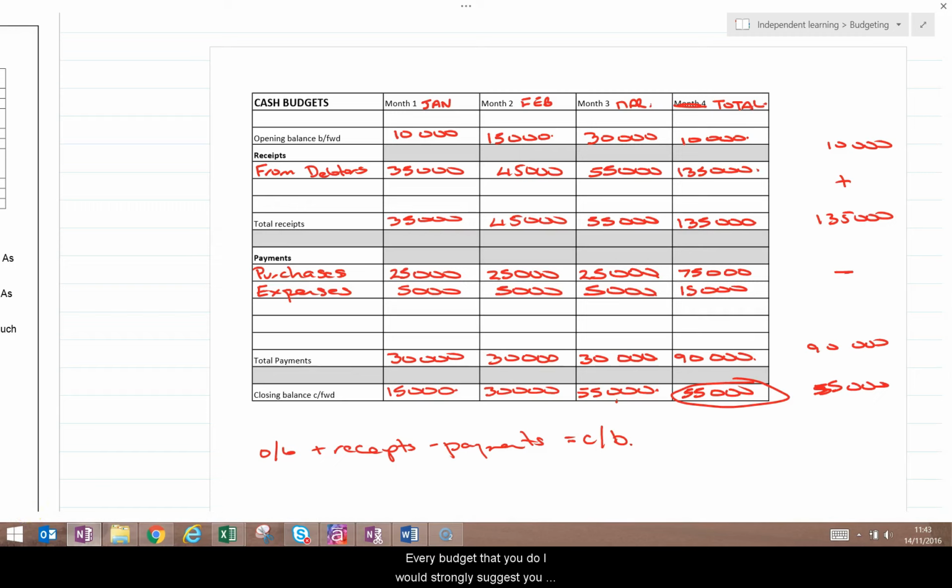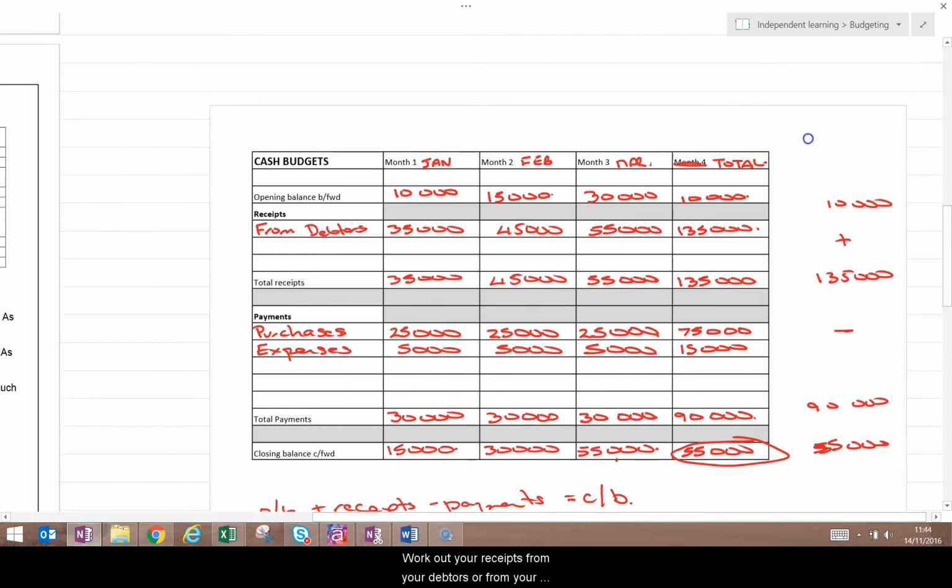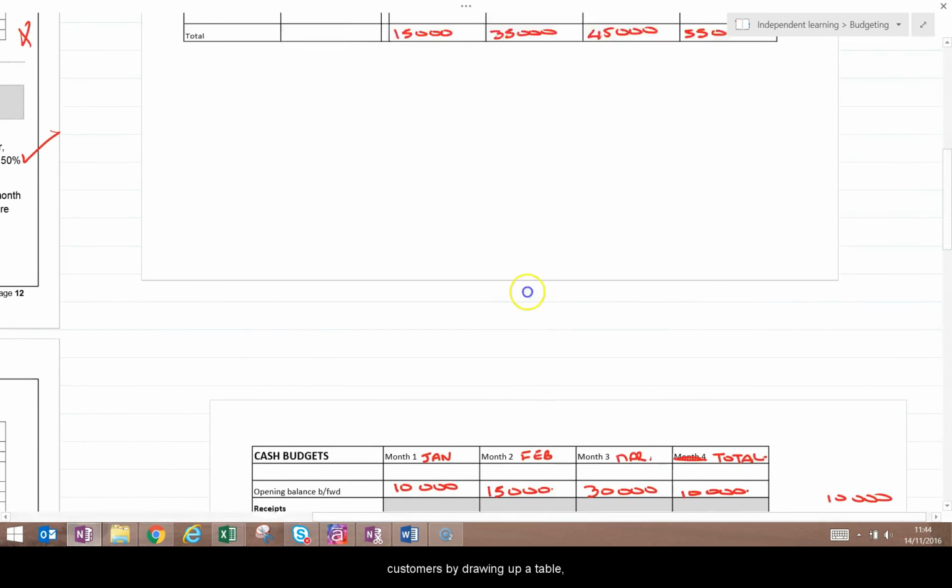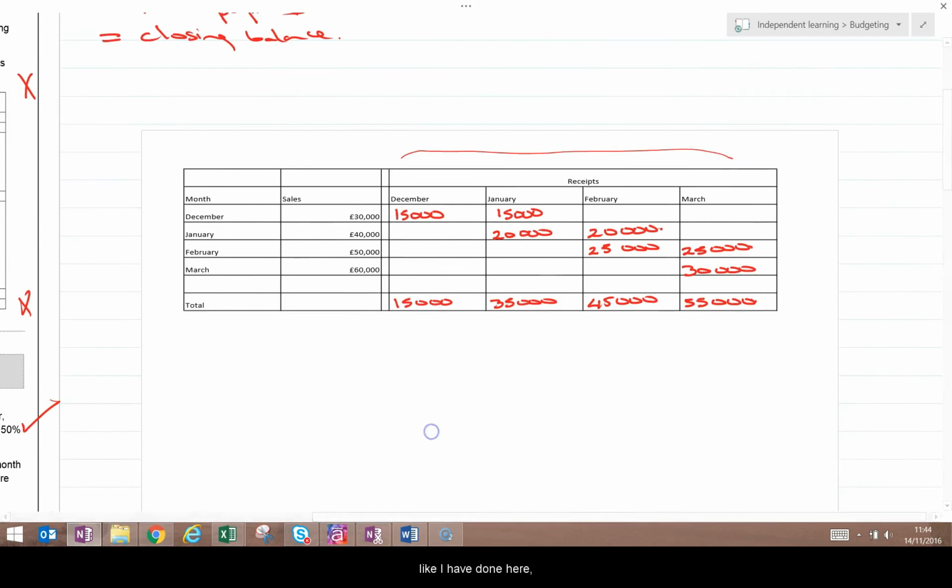Now, every budget that you do, I would strongly suggest you approach it the same way. So work out your receipts from your debtors or from your customers by drawing up a table like I have done here and working out how much you are going to receive each month. Remember that if you have cash sales, then you receive the money from those sales at the time that the sale is made.